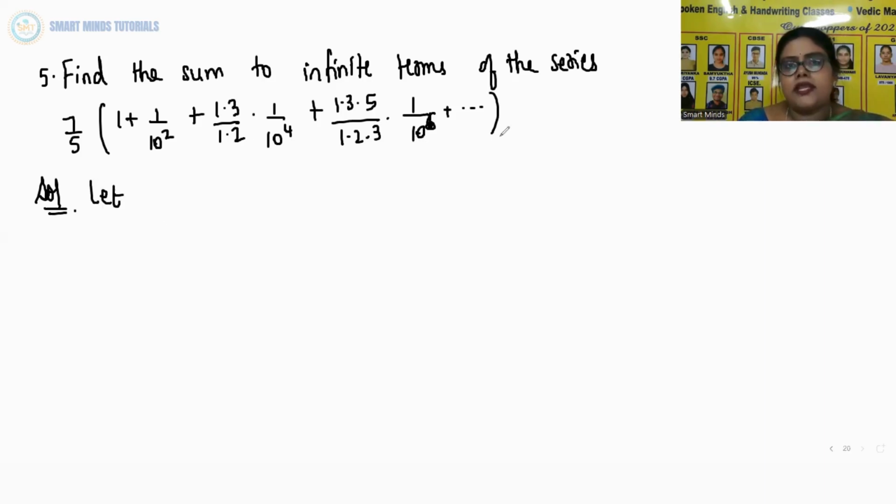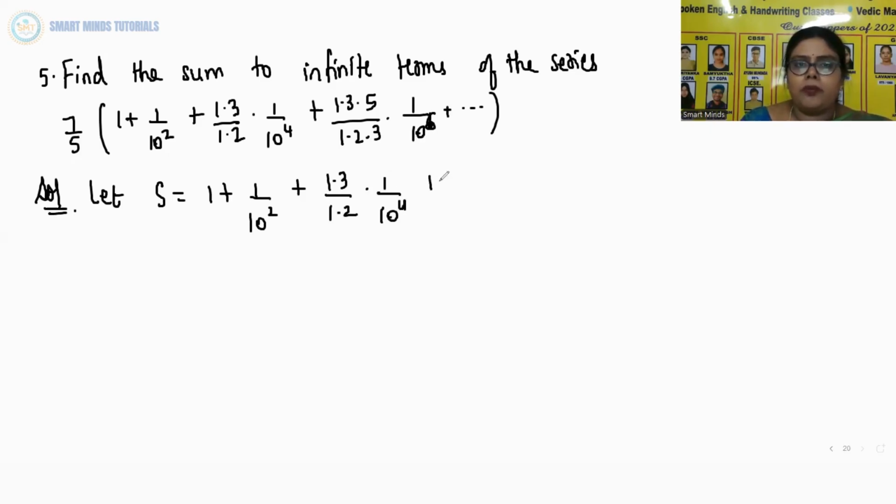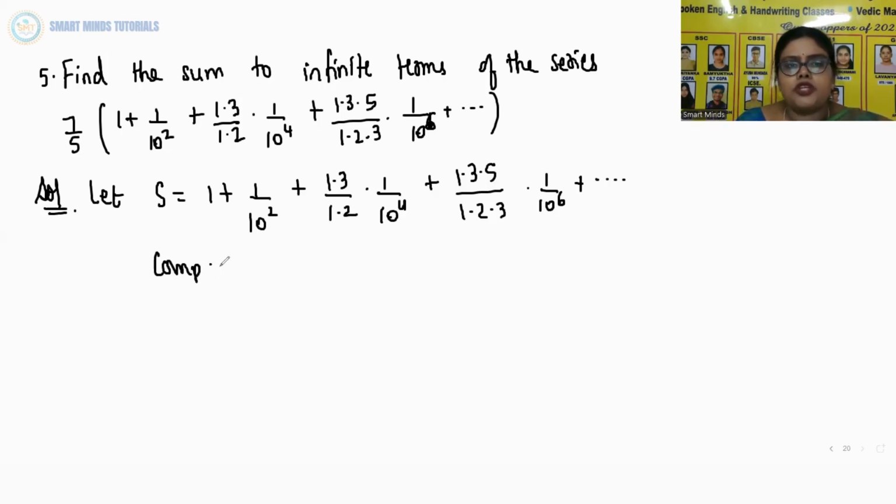So let us take this bracket as S. So S is 1 plus 1 by 10 square plus 1 into 3 by 1 into 2 into 1 by 10 power 4 plus 1 into 3 into 5 by 1 into 2 into 3 into 1 by 10 power 6 plus so on. Now comparing this equation with 1 plus nx plus n into n minus 1 by 1 into 2 into x square plus so on.